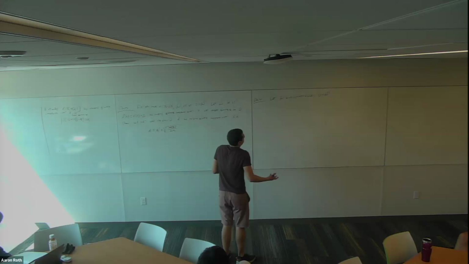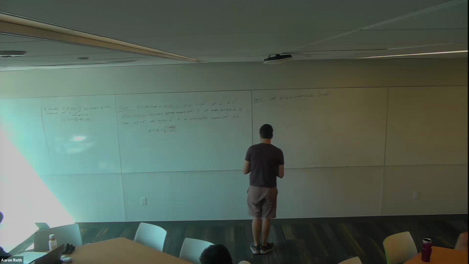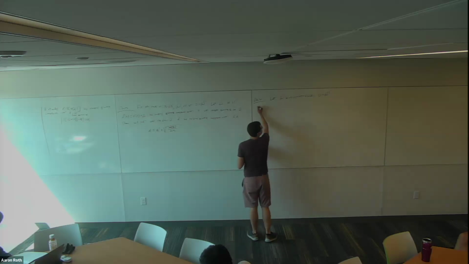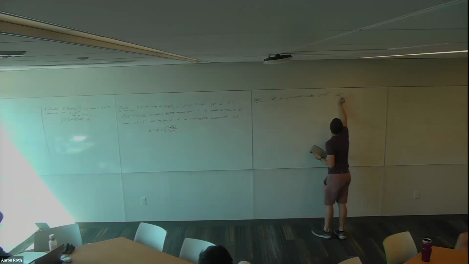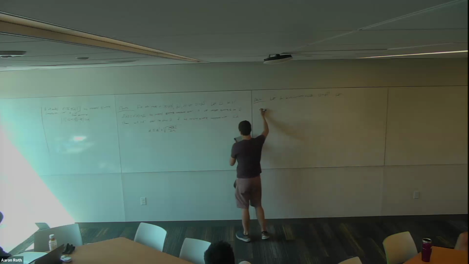So what are the two objects this is speaking of? One is the CDF of the underlying distribution. Let's write that as F of c.